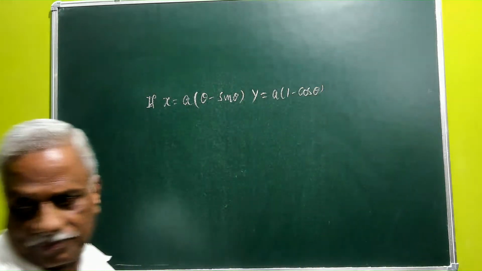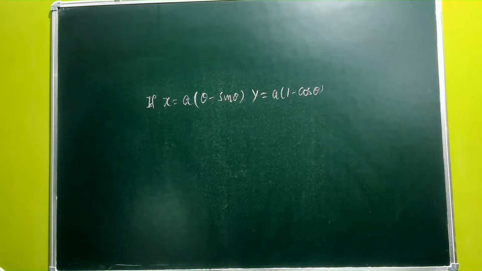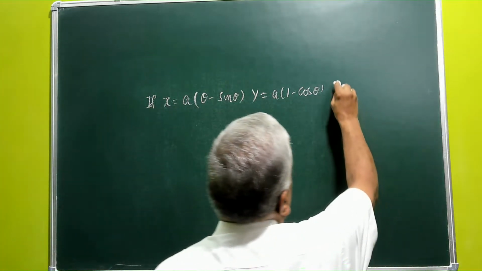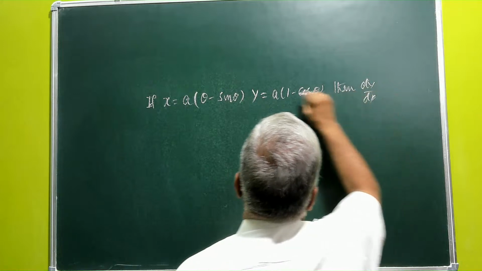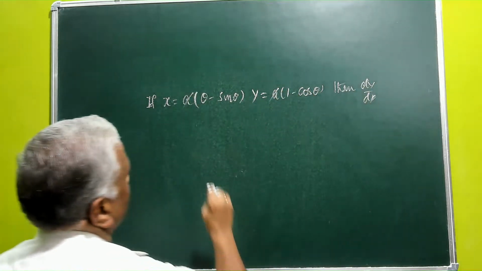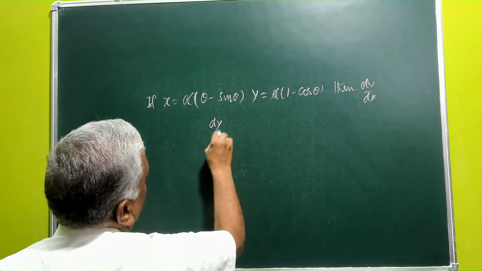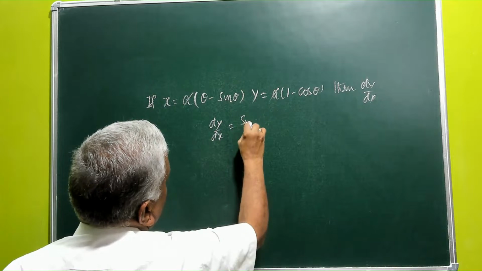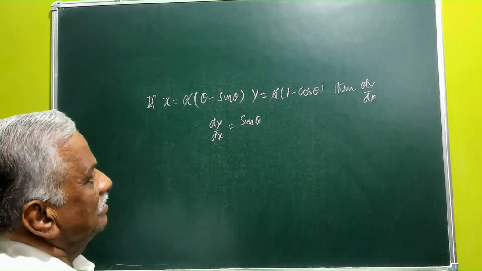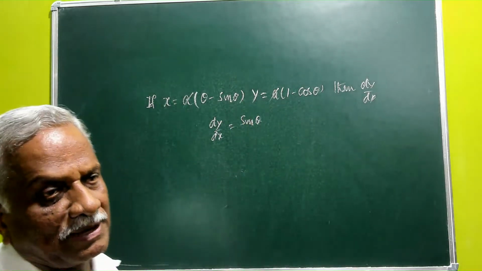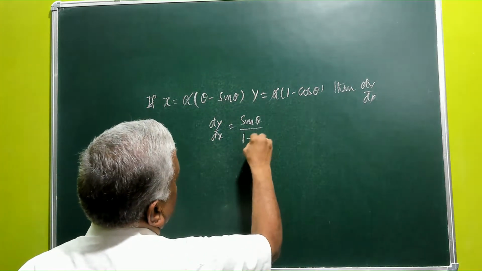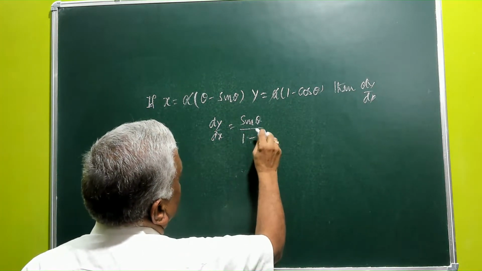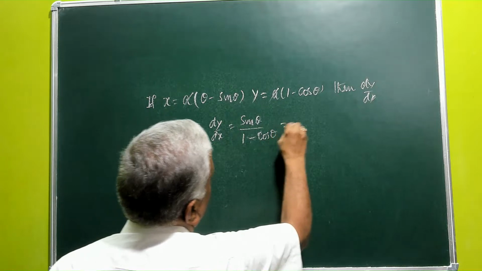Parametric problem. Then dy by dx. What is the first step? Cancel a. Dy by dx is equal to sin theta over 1 minus cos theta, because the derivative of 1 is 0 and of cos theta is minus sin theta, so minus minus gives 1 minus cos theta.